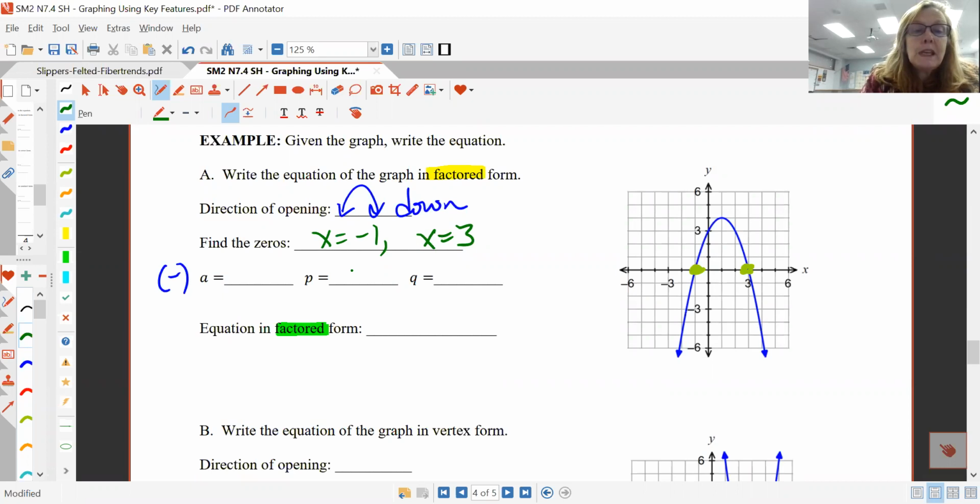So my P is negative 1 and my Q is 3. All right. That means what I know right now is that y equals some A value that I don't know right this minute, times x plus 1. Remembering that in your factor, it needs to be opposite.